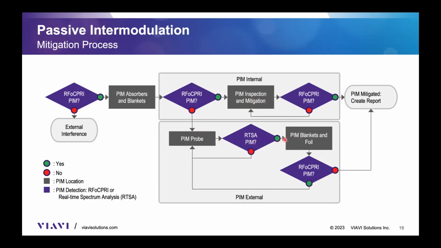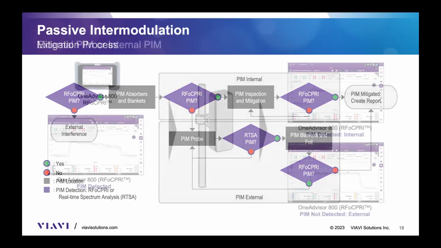And then once we find a source, we cover that area with a blanket or foil, and then we continue the process. And we do that because typically there are multiple places or multiple sources of PIM. And then at the end, we just mitigate it and create a report.